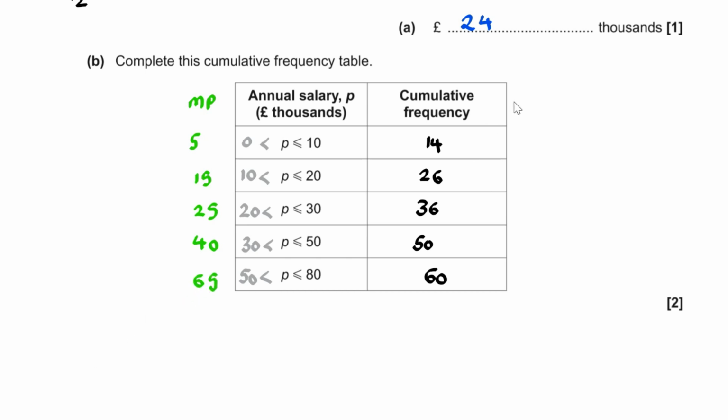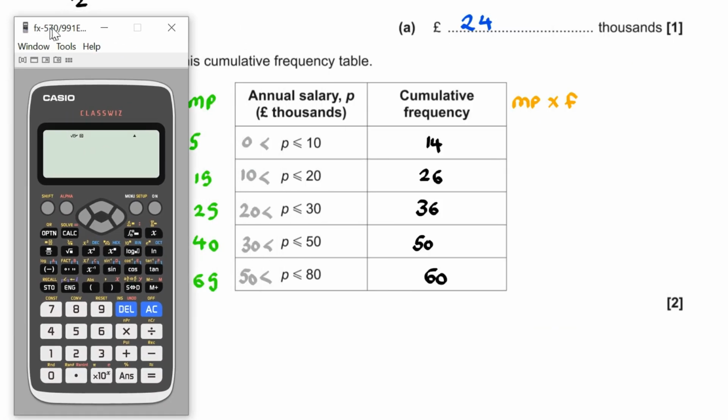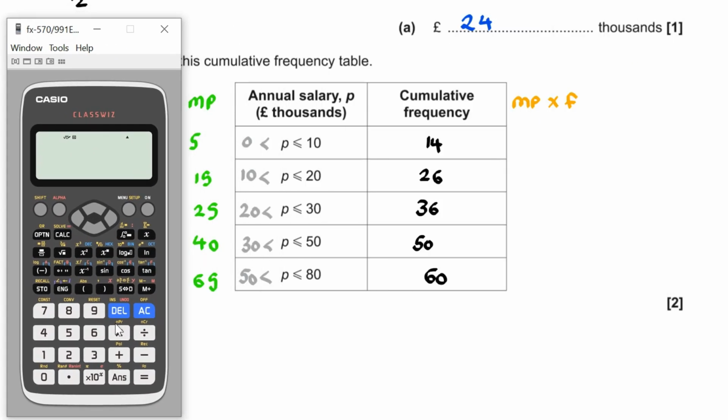So now we need to do the midpoint multiplied by the frequency. So if we work these relevant values out, what we have here is 5 times 14, which is 70, 15 times 26, which is 390, rather before here what we need is the frequencies.